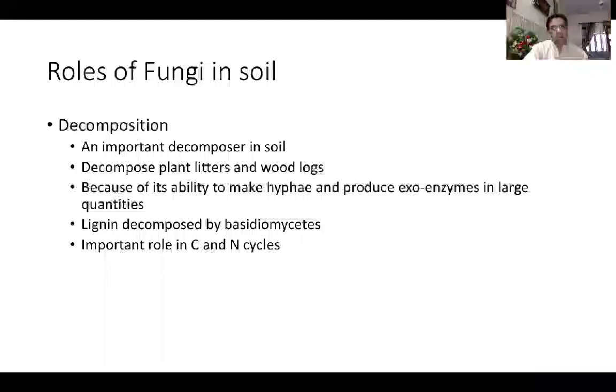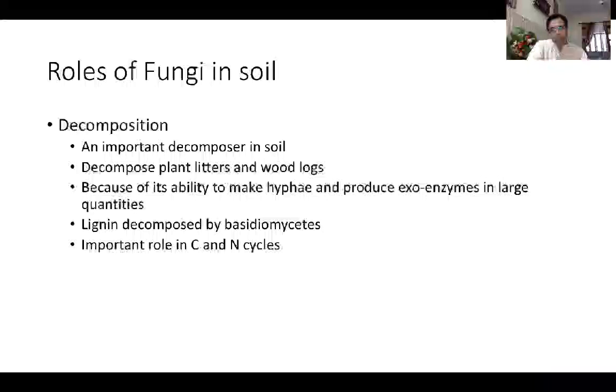So now, finally, I revise in brief the role of fungi in soil. The most important role is decomposition. It's an important decomposer in soil. It decomposes litter and wood logs. It's the most important decomposer of lignin.